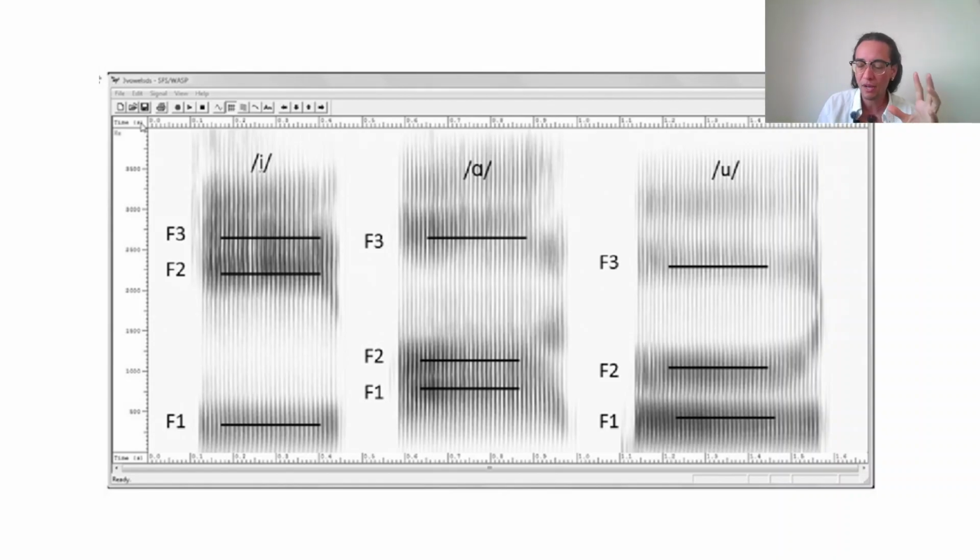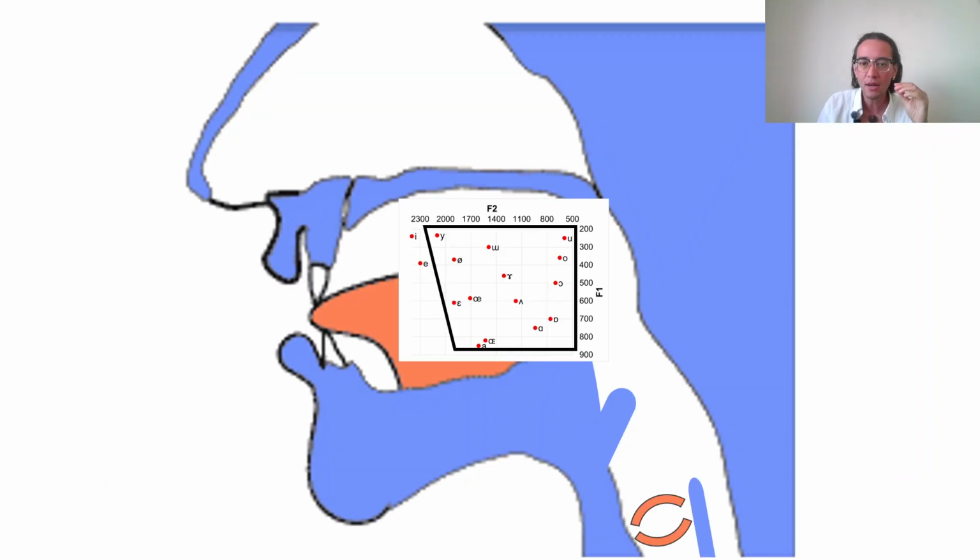Now, why am I telling you about this? Because when we look at the space within the mouth, we can actually calculate based on the formants. So this is formant 1 starting from 200 hertz going up to 900 hertz, and this is formant 2 starting from 500 hertz to 2300 hertz.